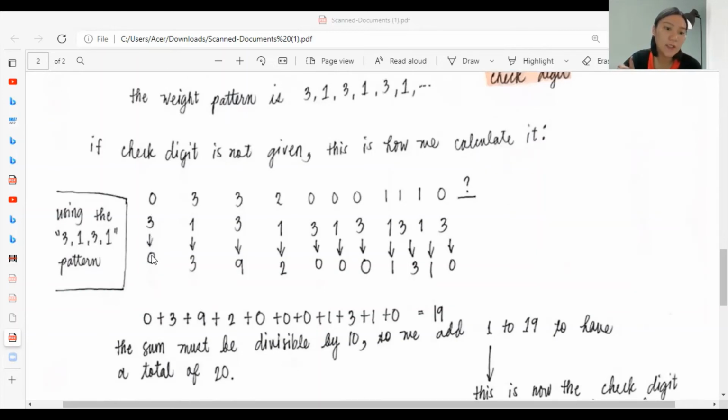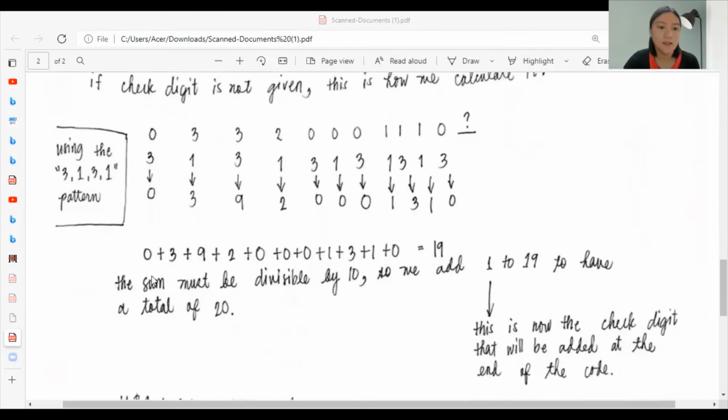Now we are going to multiply. 3 times 0 is 0. 3 times 1, 3. 3 times 3, 9. 2 times 1, 2. 0 times 3 equals 0. And so on. Now, the sum must be divisible by 10. So we add 1 to 19 to have a total of 20, since their summation equals 19.